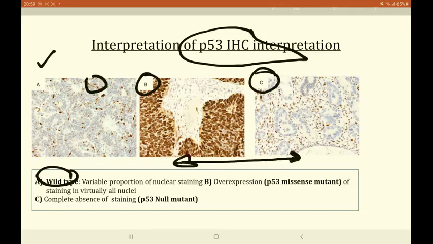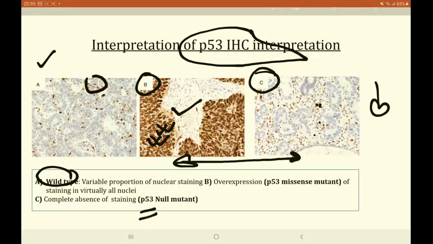The mutant type can be either with overexpression of the staining or the underexpression or virtually no staining of the neoplastic cells. Here we see virtually all the nuclei are expressing the immunohistochemistry stain. So this is the all type of mutant p53 stain.